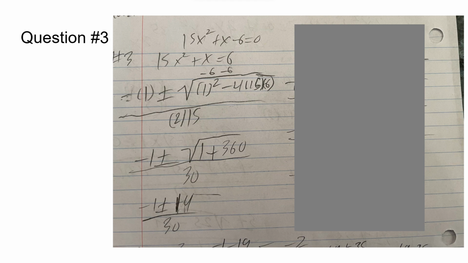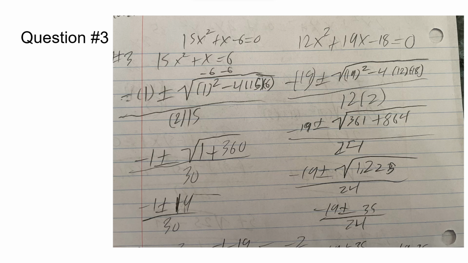That lets us put that into the quadratic formula, which we can solve through to find negative 1 plus minus the square root of 361 over 30 equals 0. The square root of 361 is 19, so it becomes negative 1 plus minus 19 over 30 equals 0.